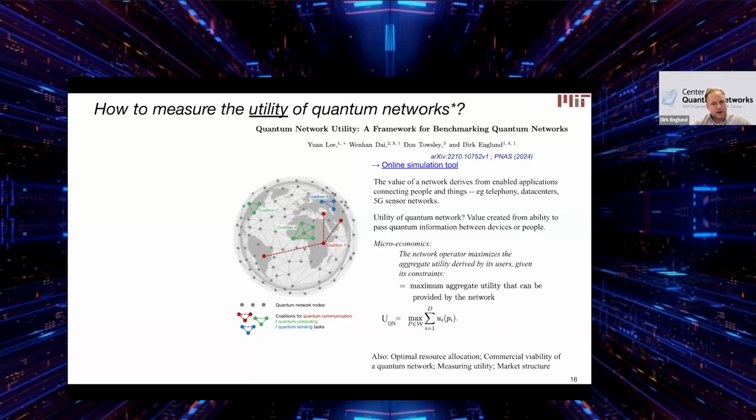And so for networks, like I said before, one way to look at it is, well, what's the value of a cell phone network? Well, it's because Alice and Bob want to be able to have a conversation. Or Jim and his grandmother want to be able to send photos and so forth.